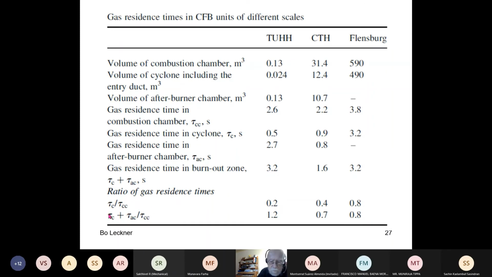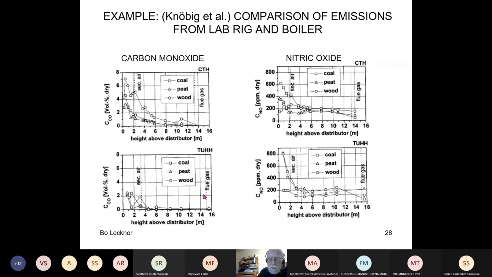So we tried to make some ratios of the residence times, and this is what we have. It's not perfect. And then you can see something about the results of the combustion in these cases. We burnt coal, peat, and wood.